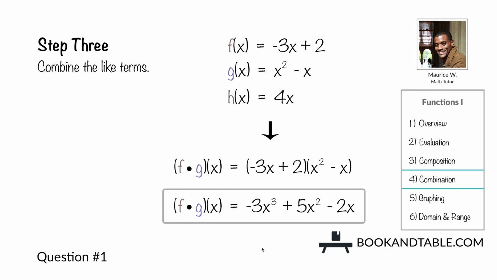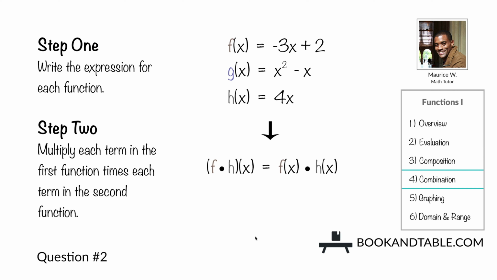Let's now have a look at question number 2. We are asked to evaluate f times h of x. So that'll be f of x times h of x. So we want to write the expression for the f function and the h function inside a pair of parentheses. And now step 2, multiply each term in the first function times each term in the second function.